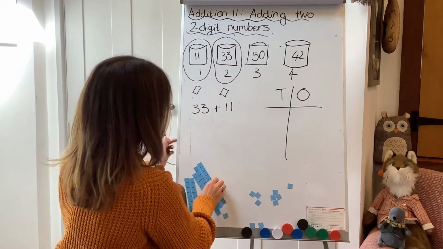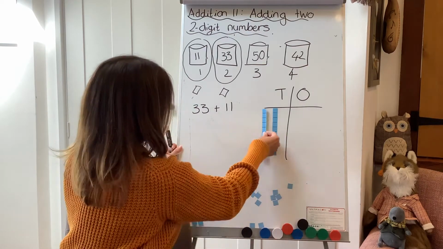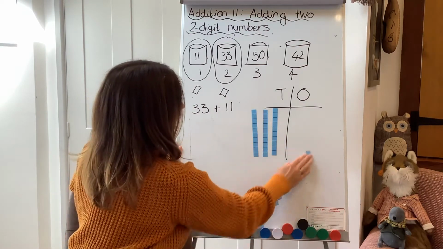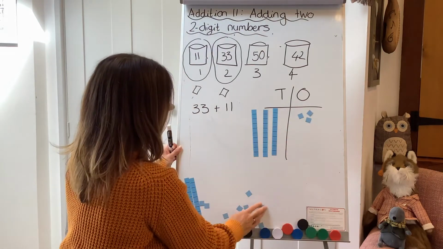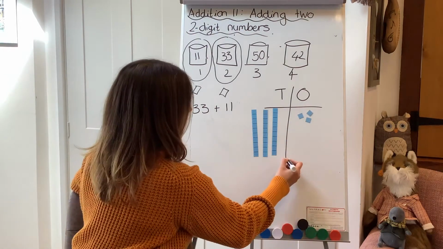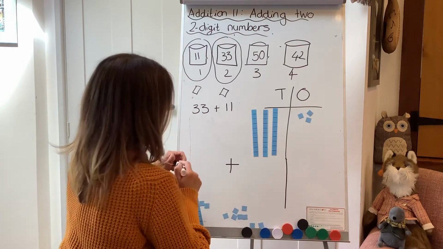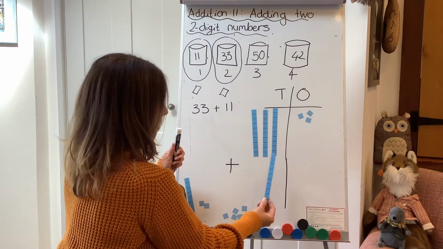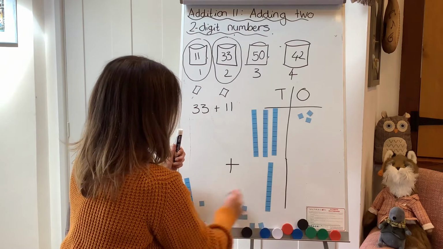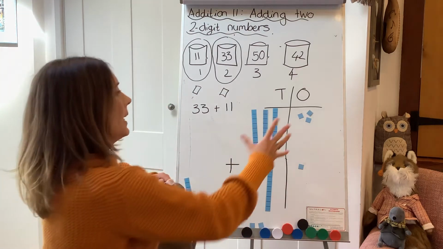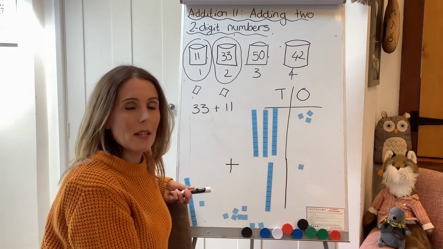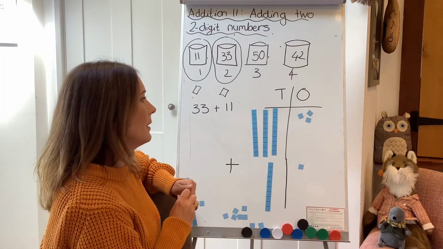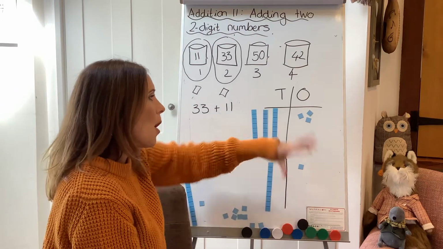So we've got the first number is 33, made up of 3 10s and 3 1s. And we're going to add to that 11. 11 is made up of 1 10 and 1 1. So then we can add these numbers together first. Now notice if you're going to do any practicing of this at home, I'm only looking at friendly numbers in the 1s, so we're not bridging over 10.